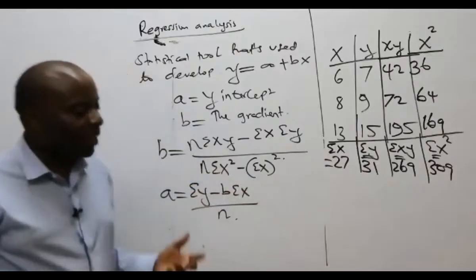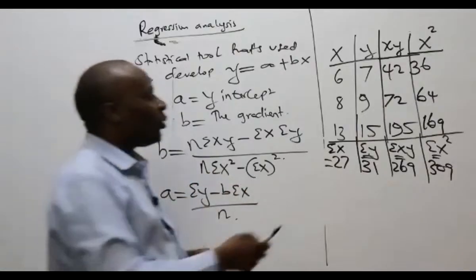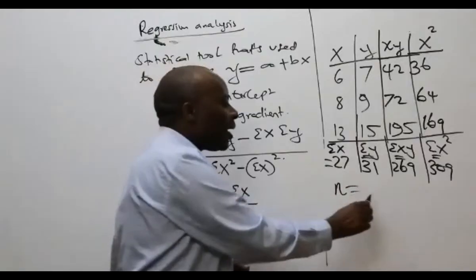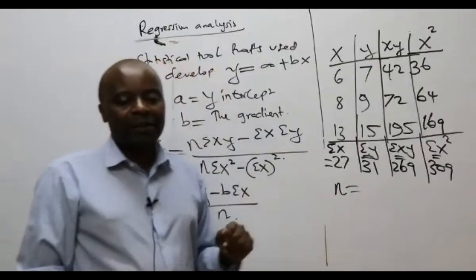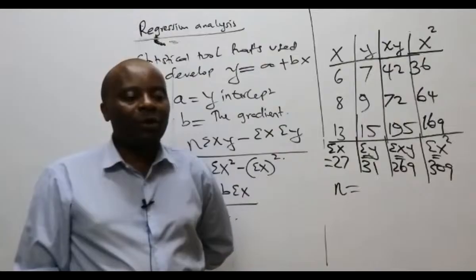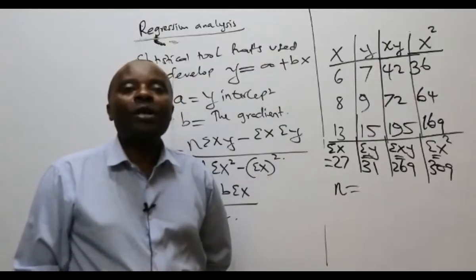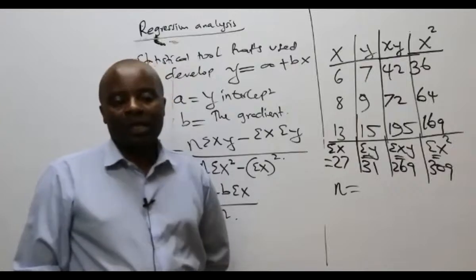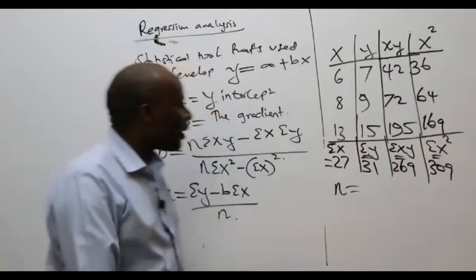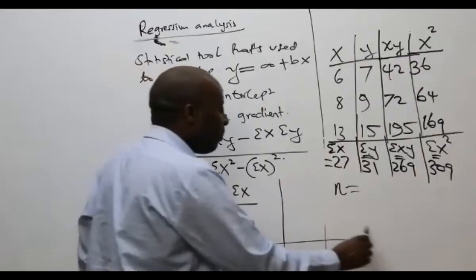We plug them in. The very first thing that I would want some good student to tell me is the value of n. Is there anybody who is able to see the value of n? First of all, n stands for number of points. Remember on a Cartesian plane, this is how our points look.